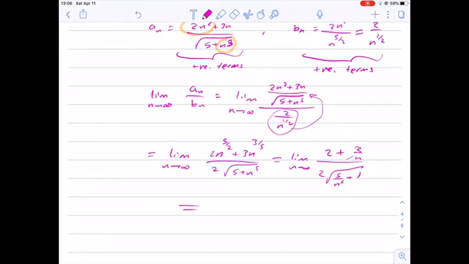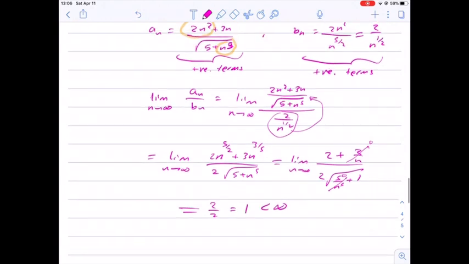And then after that we substitute the limit. We find that this becomes 0, this becomes 0. We get 2 over 2, which is equal to 1, less than infinity.